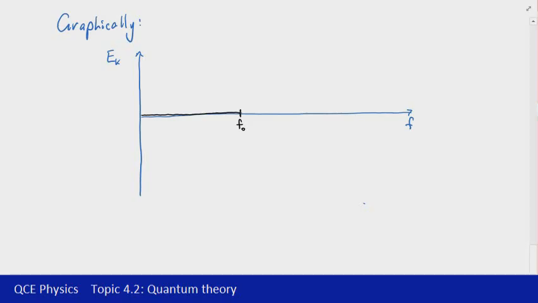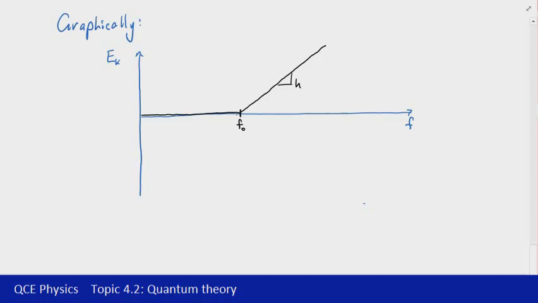After that, we have the equation hf minus W. So as the frequency increases, that means the energy of the incoming photons increases, and the excess energy is transferred to the electron as kinetic energy. That means we're going to see a linear trend line where we have an increase, and the gradient of that trend line is going to be h.